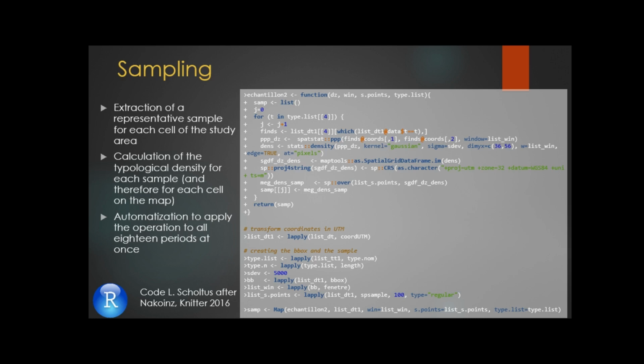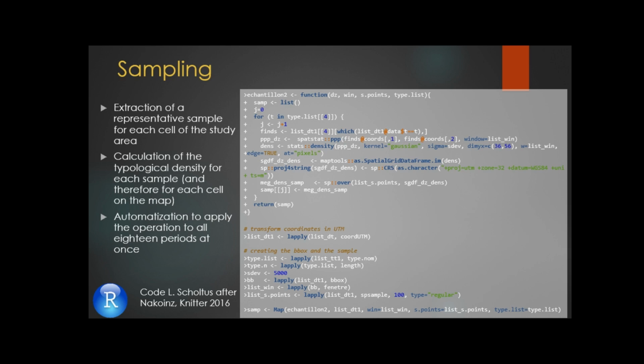The second step is to take the samples and calculate the typological density for each of them. At first, the data has to be spatialized and its extent determined as a study area. Then this area can be divided into a grid of about 100 cells. After the typological profile of each cell is extracted, the kernel density can be calculated.